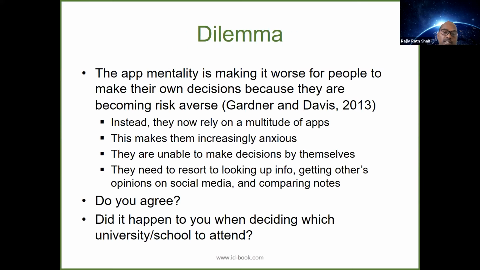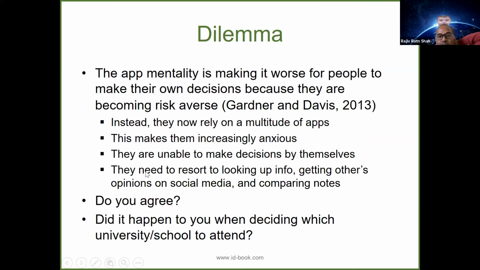So often the app mentality is making it worse for people to make their own decisions because they are becoming risk averse. Instead, they now rely on the multitude of apps, and this makes them increasingly anxious. They are unable to make decisions by themselves. So you need to think about how much your app should provide, right?